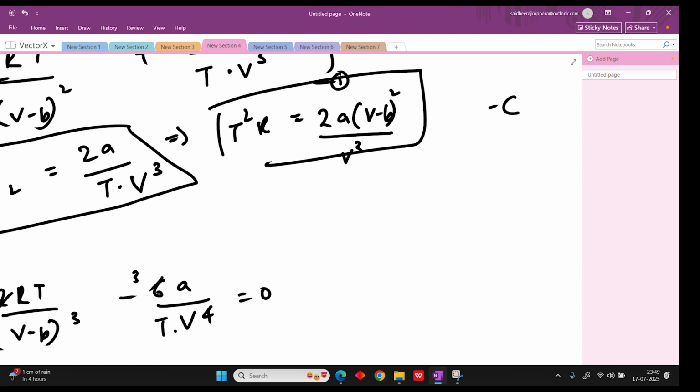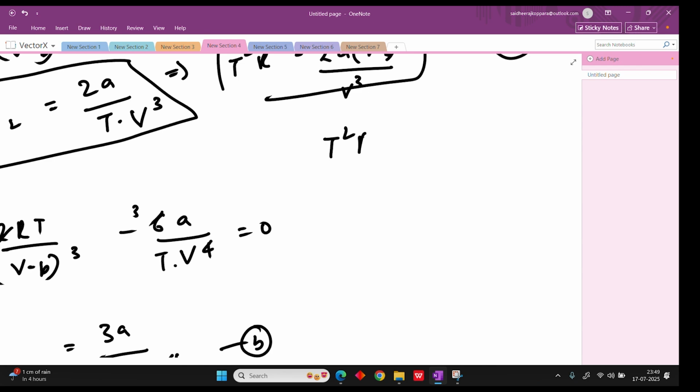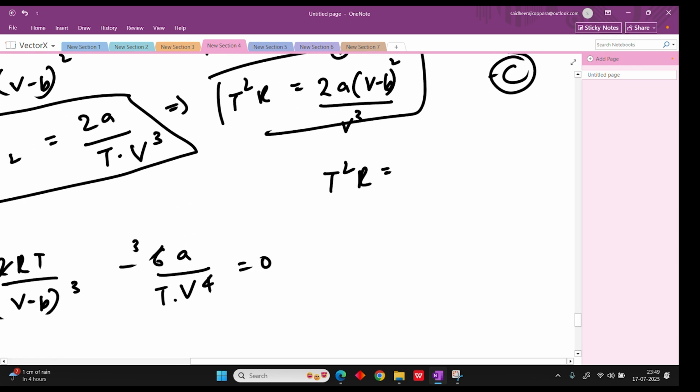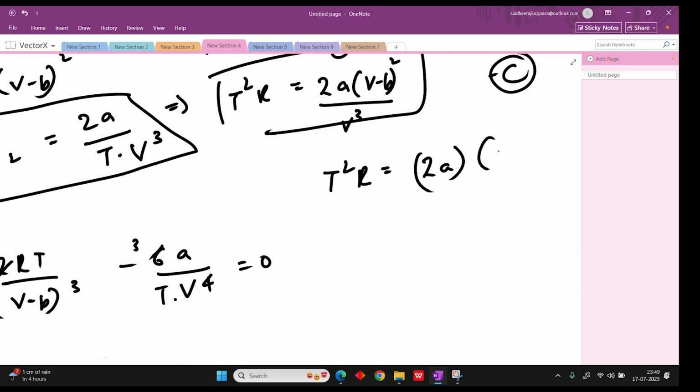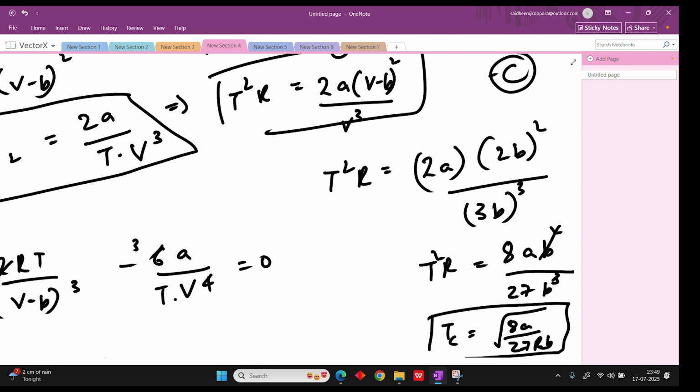Let us name this equation as C. Then it's T square R equals 2A times (3B minus B, 2B) whole square by (3B) whole cube, right? So T square R is equal to 8AB square by 27B cube. Then your TC is 8A by 27RB. This is what your TC is.